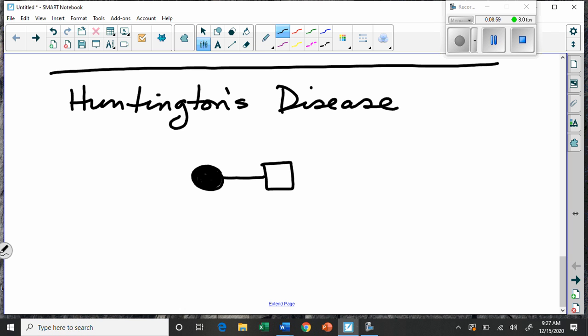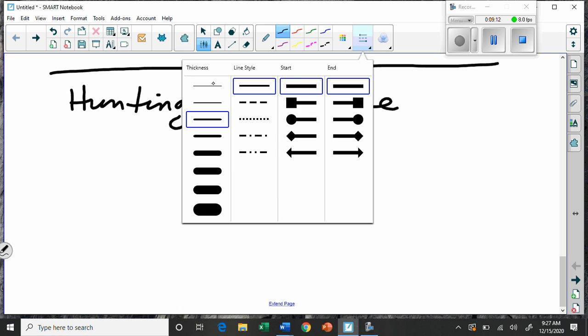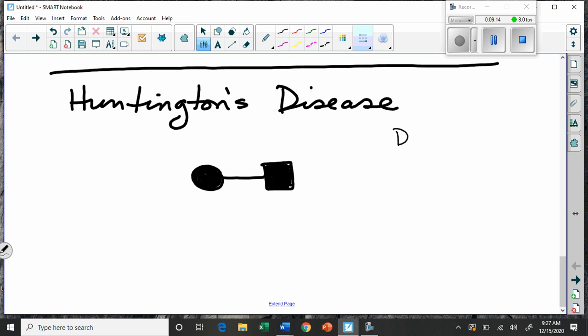Now, what's interesting about this disease is it's dominant. So if you write that down on the side, it's a dominant thing. That means that all you need is one allele to have this condition. So here's two parents, both of them who have the condition, but then they decide to have children.